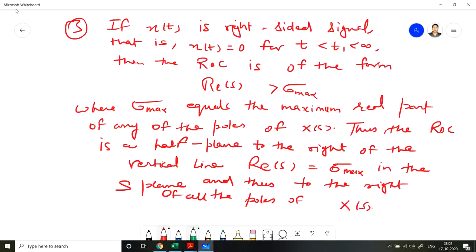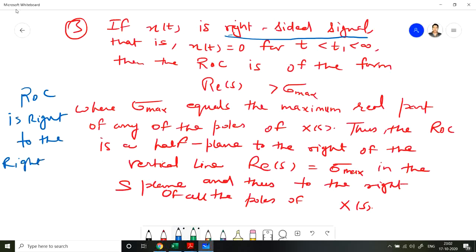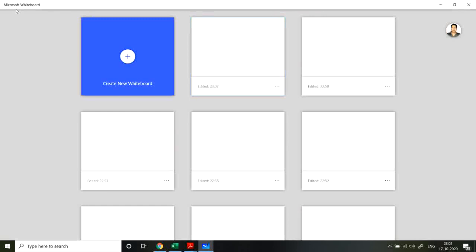So in short, if the signal is a right-sided signal, then the ROC is basically to the right of the rightmost pole. Please understand, again I am saying, if x(t) is a right-sided signal, then the ROC is to the right of the rightmost pole.